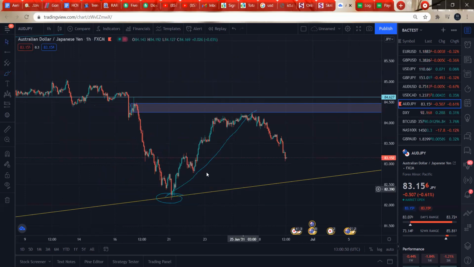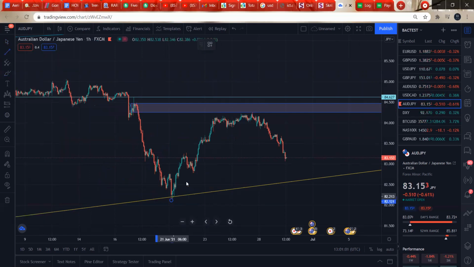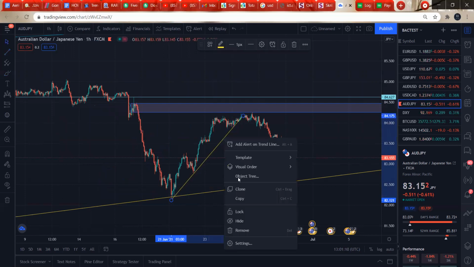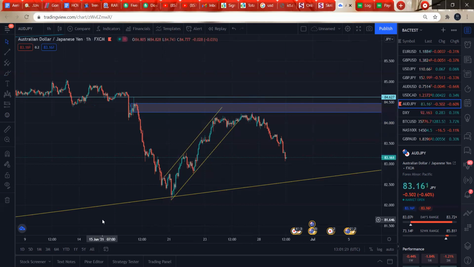So when we get to the 1-hour now, our main focus is this wave and this wave. So if I hold my trend line from this low, like this, and then I just clone this, give it a twin, you can see my structure is an ascending channel.